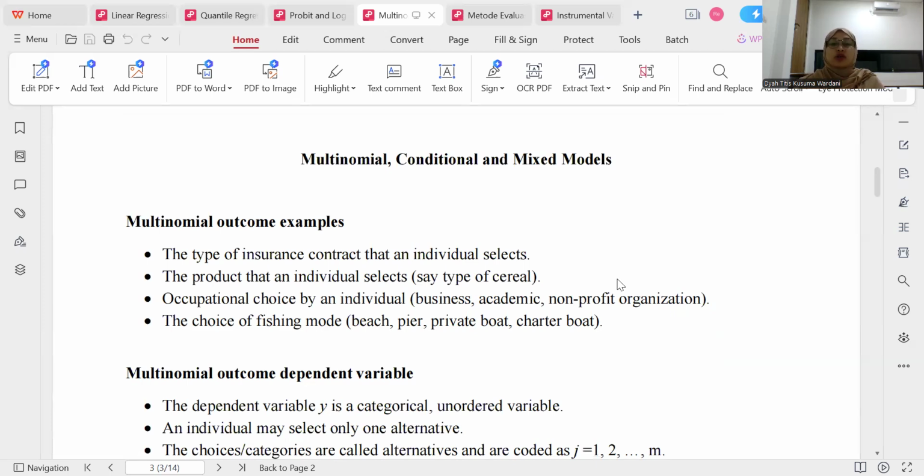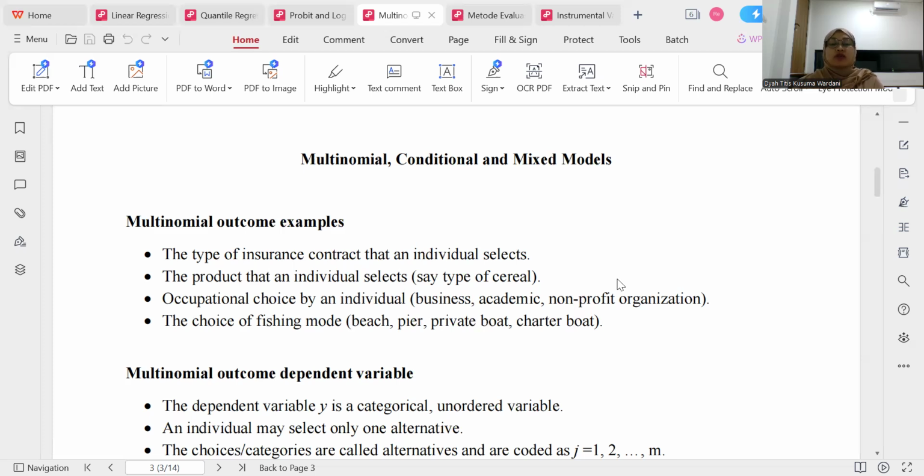For example, we can mention types of cereal in Indonesia, like Milo, Coco Crunch, the cereal shaped like stars, and also other cereal made from wheat, etc. Also, occupational choice by an individual, like business, academic, or non-profit organization or NGO.